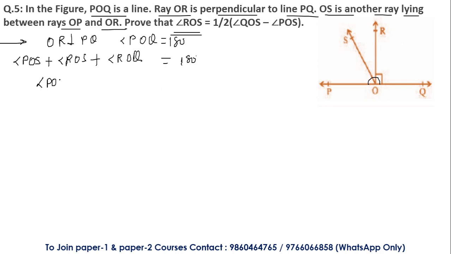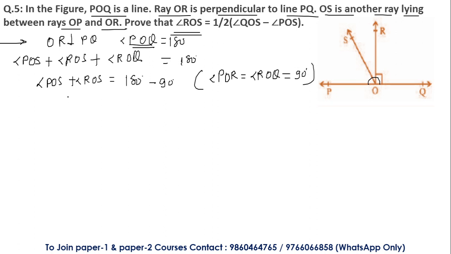So angle POS plus angle ROS will give me 180 degrees minus 90 degrees. As we know the value of angle POQ, we can know that angle POR is equal to angle ROQ, which is equal to 90 degrees, and I have substituted it over here. So angle POS plus ROS is equal to 90 degrees.